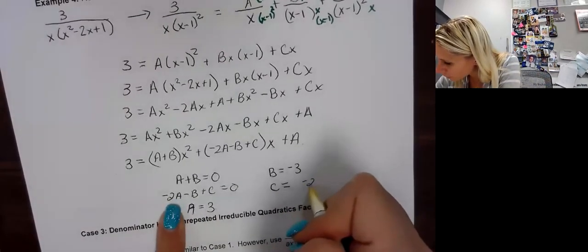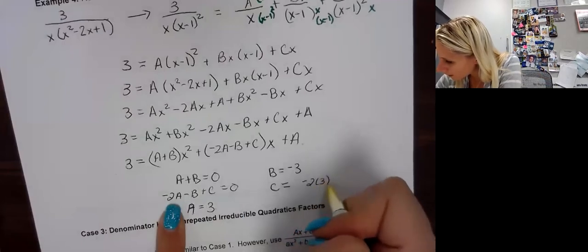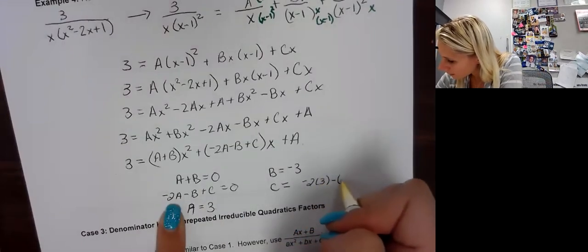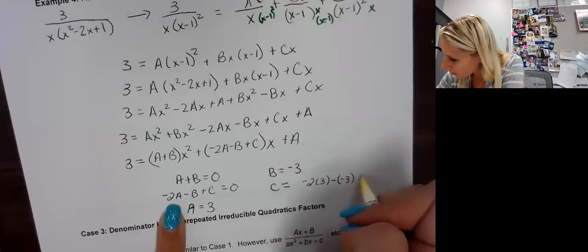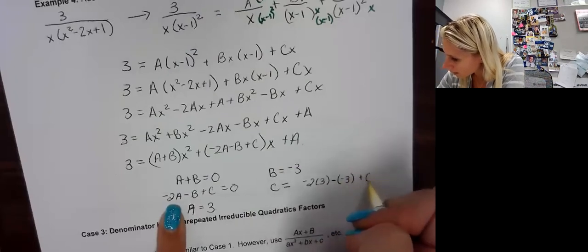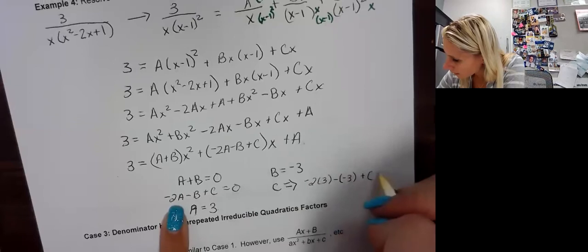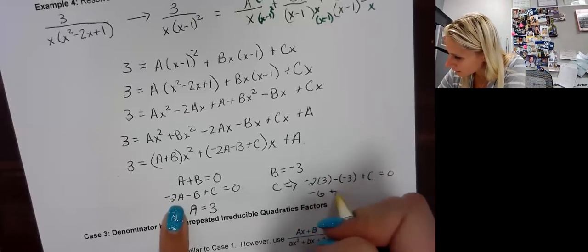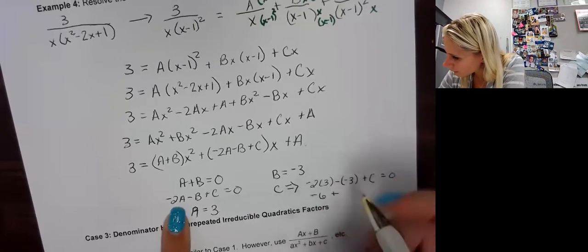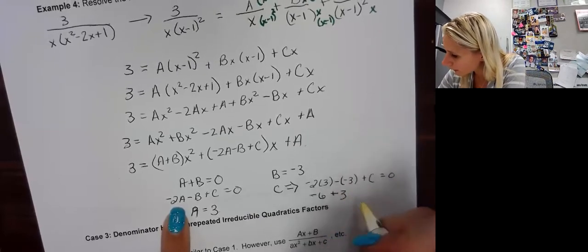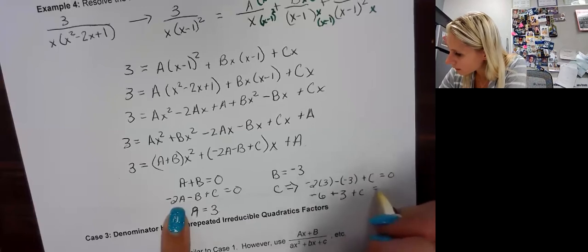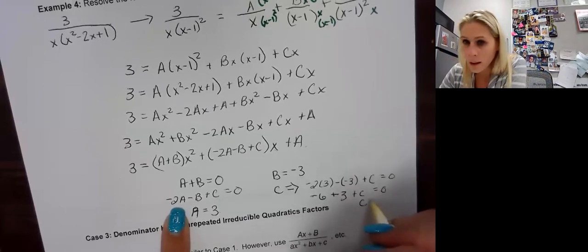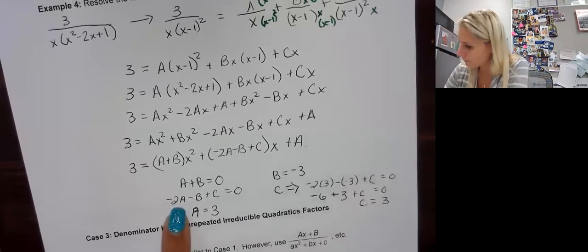So negative 2 times 3 minus negative 3 plus c equals 0. So that's negative 6 plus 3, right? Plus 3 plus c equals 0. So c must be 3.